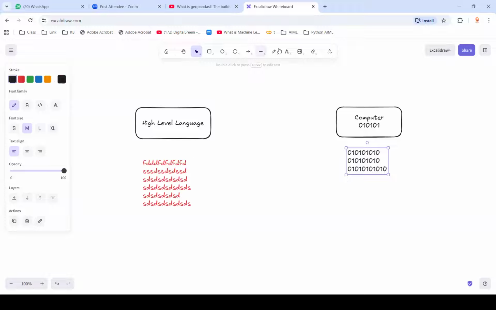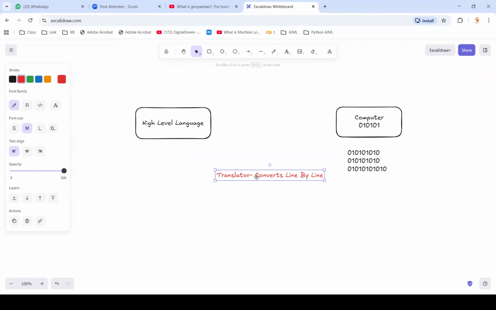So the translator which converts line by line, that translator is called interpreter.